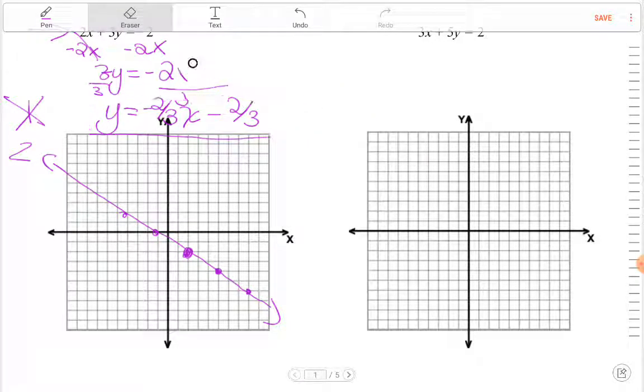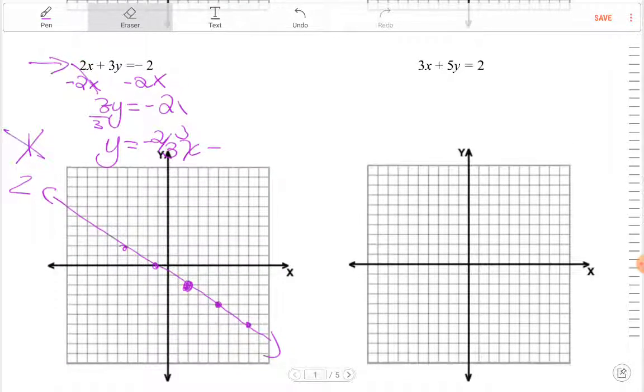Okay, let's make a little bit room here. And let's look at another example together. I'm going to rearrange to solve my equation for y. So I'm going to subtract the 3x on both sides, which then gives me 5y equals -3x plus 2.